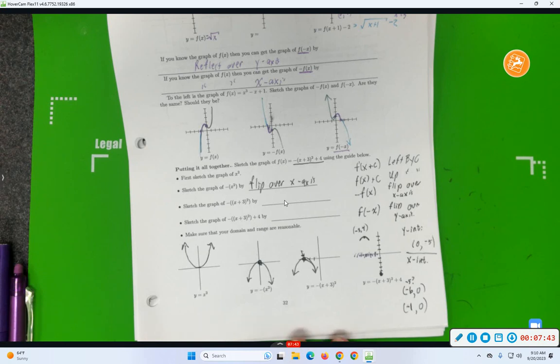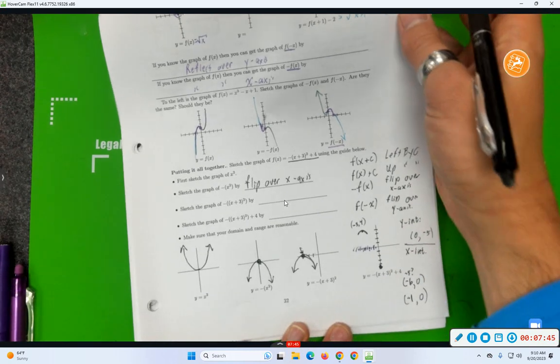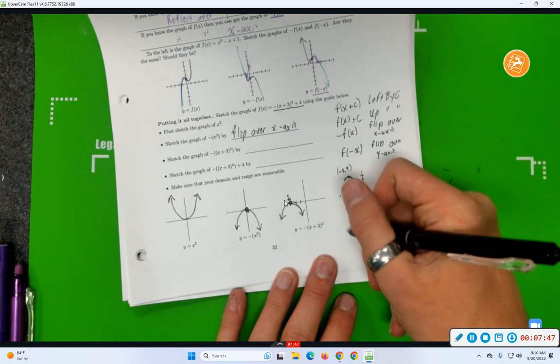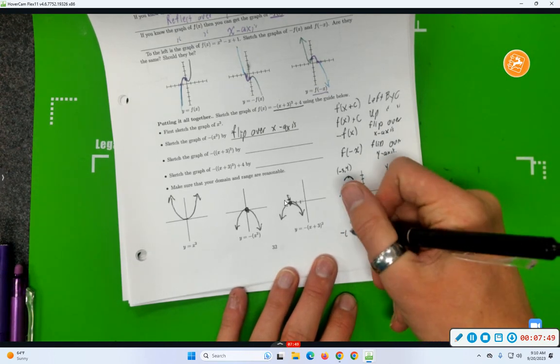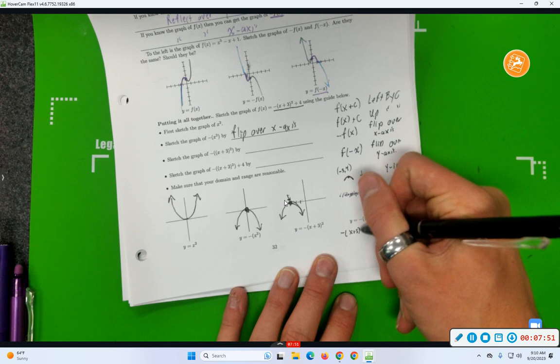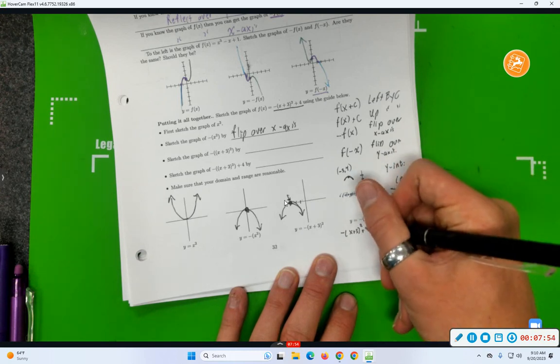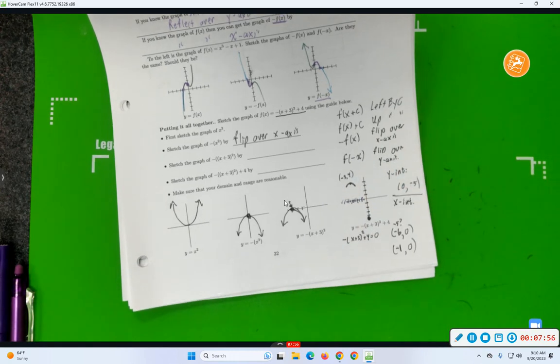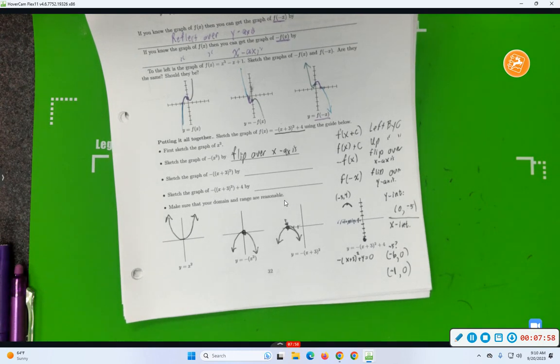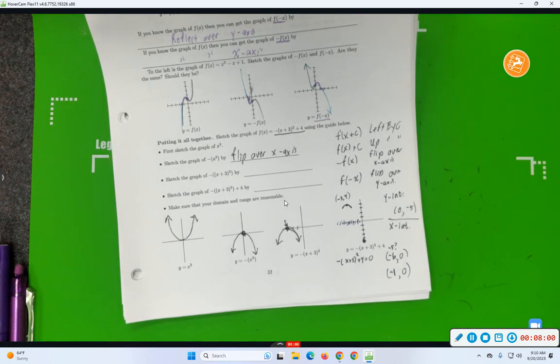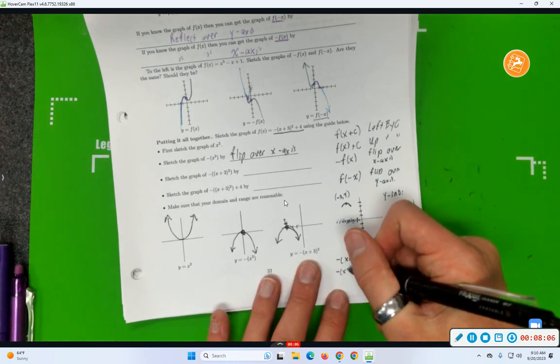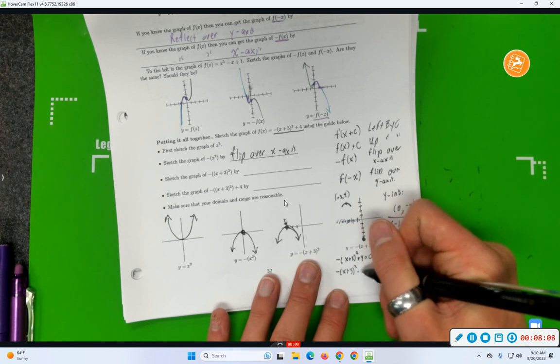So let's go through and do this. So I guess you have to solve negative quantity x plus 3, then you square it, then you add 4 equals 0. What seems like a good first step? Move the 4. Why not? Negative quantity x plus 3 squared equals -4.